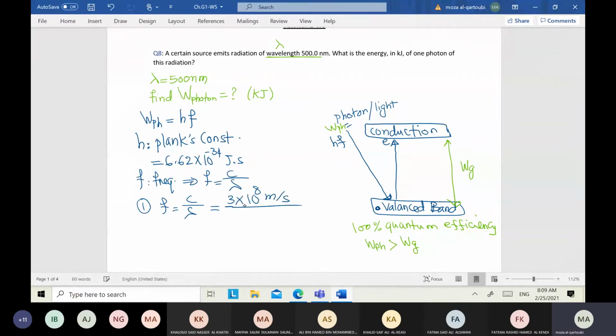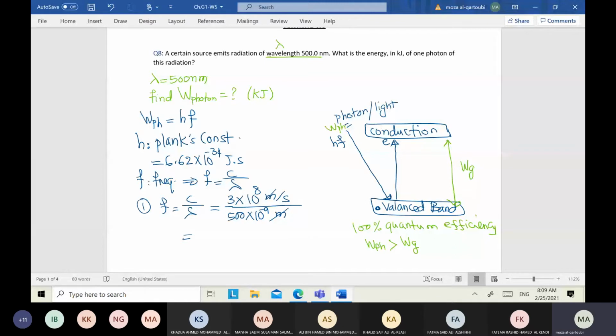Then lambda, given in the question, equals 500 nanometer, so we need to change to meter: 500 nano multiplied by 10 to the power minus 9, in meter. Now meter will cancel with meter. The value will have unit 1 over S, and we know 1 over time is frequency, so this is hertz.